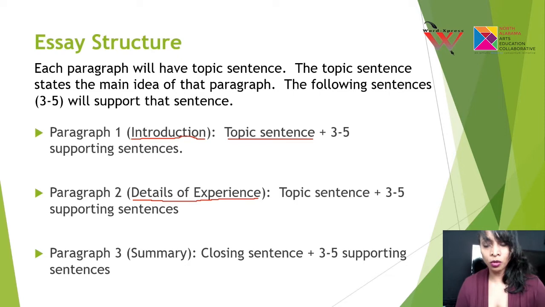So you may have a total of 6 sentences in your paragraph. Paragraph 3 is going to be your summary. And then your topic sentence is actually going to be your closing sentence with 3 to 5 supporting sentences. Okay, so I'm going to show you how to do this step by step.